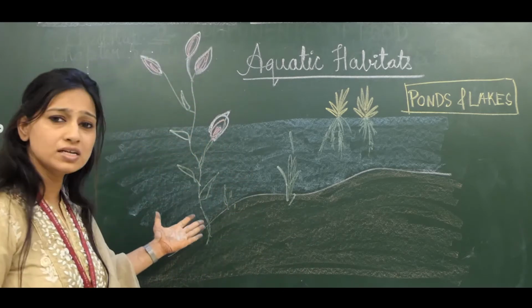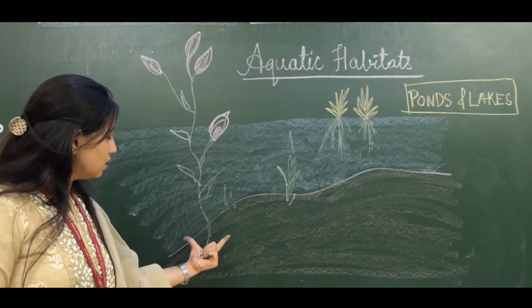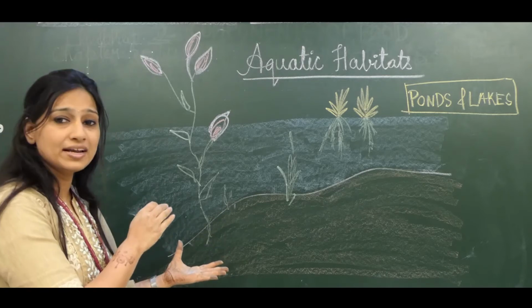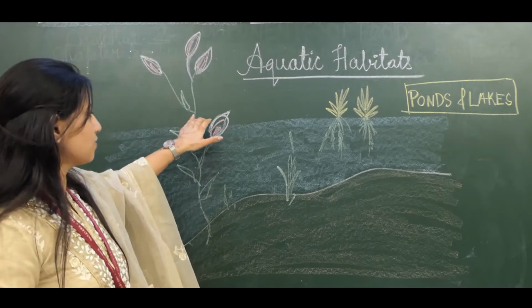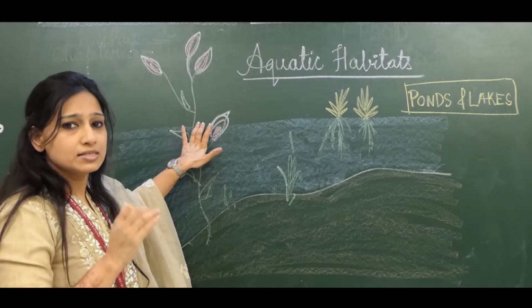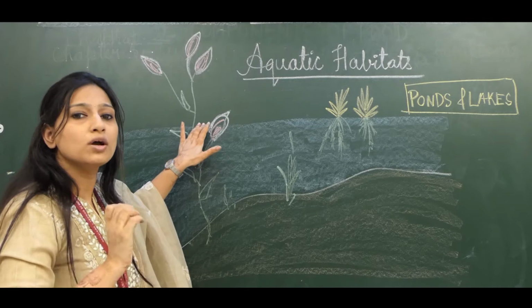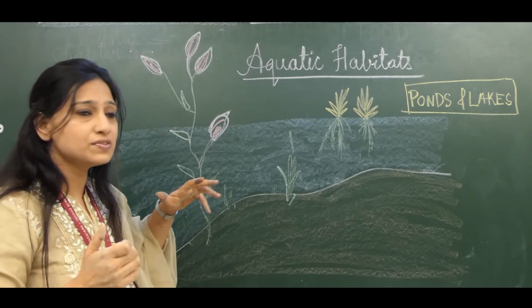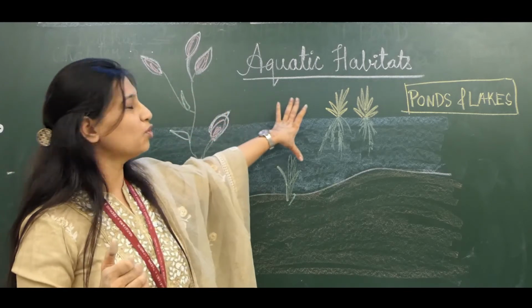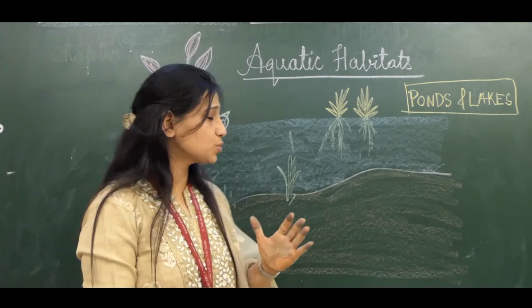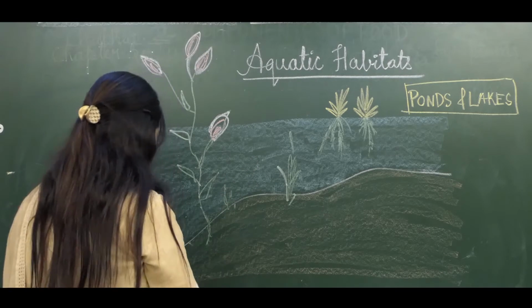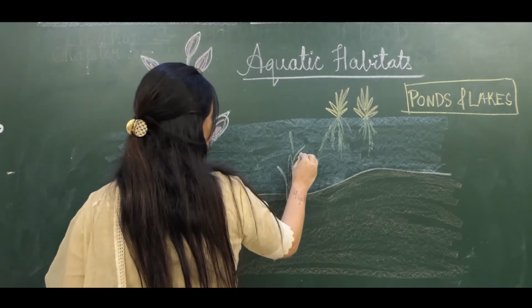There are some plants whose roots are completely embedded in the soil below the pond, and the stem grows till the surface. It is hollow, it is light, and the leaves and the flowers are floating on the surface. Then there are some other plants which are always inside the water. They are completely submerged.